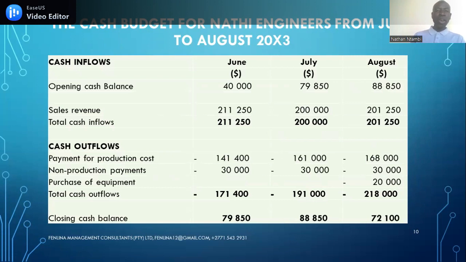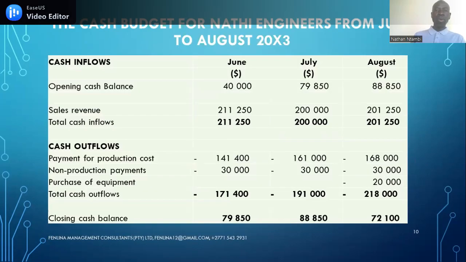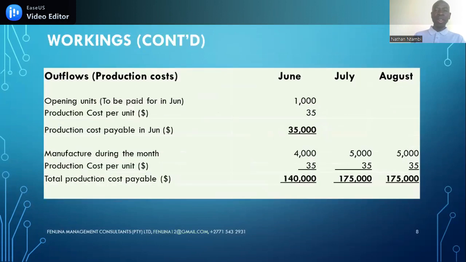The 141,400 is a result of what we saw before of the amount that is supposed to be paid in June of 35,000, plus the total production cost of payables of 140,000.